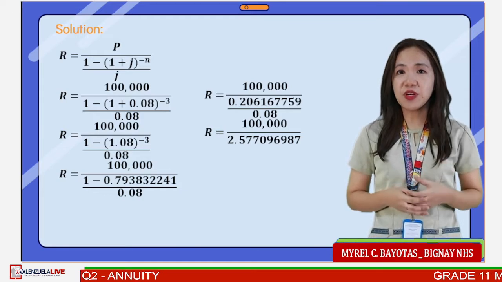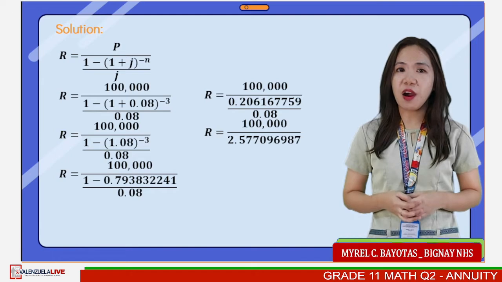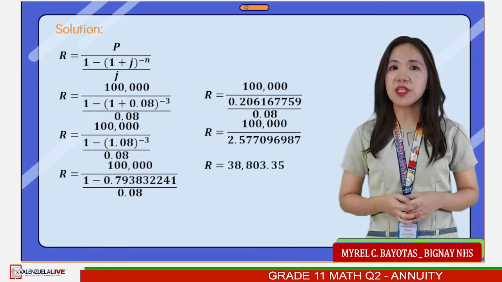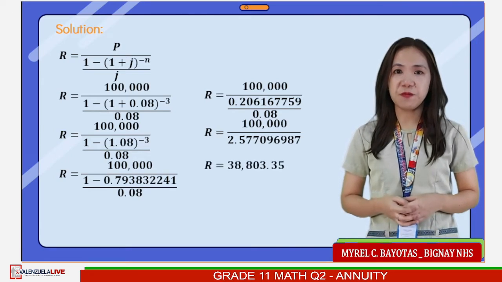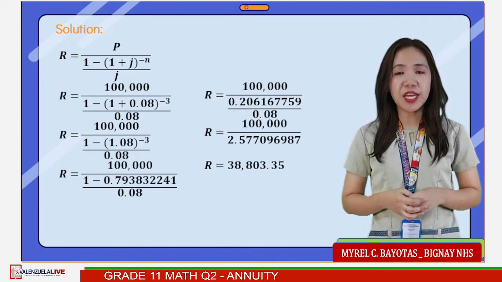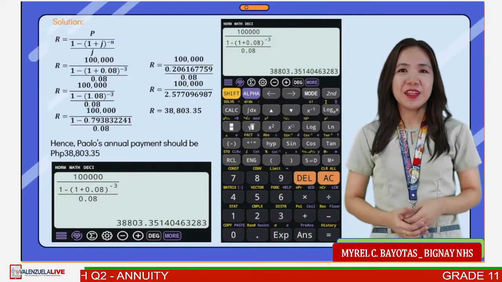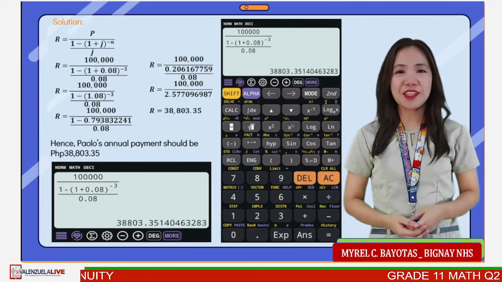Lastly, divide the numerator by the result in the denominator. The final answer is R equals 38,803.35. Hence, Paolo's annual payment should be 38,803.35 pesos. Let's see how it will look using a scientific calculator.